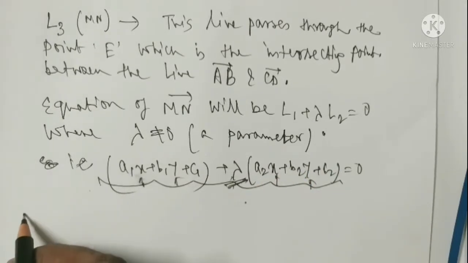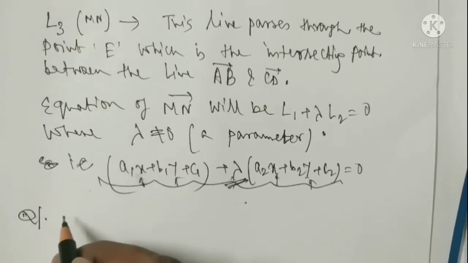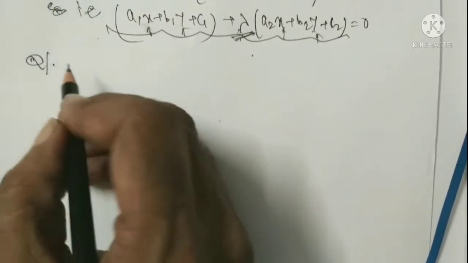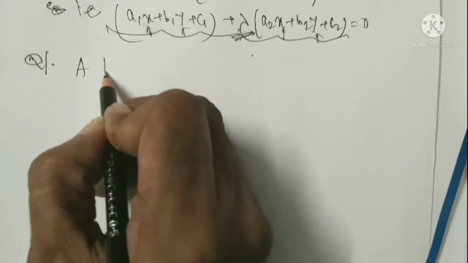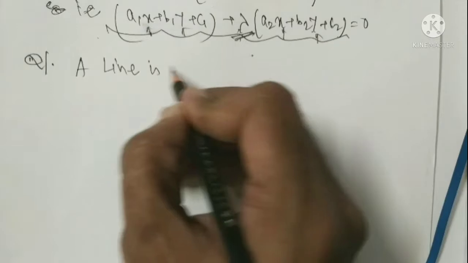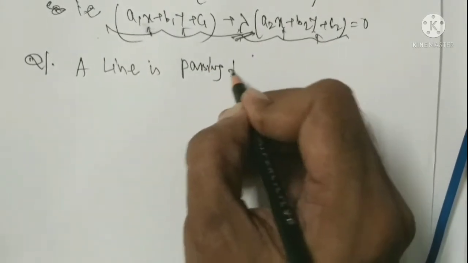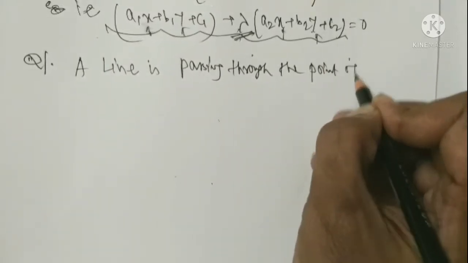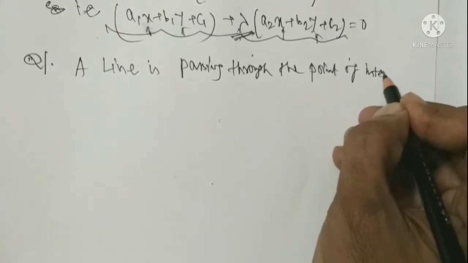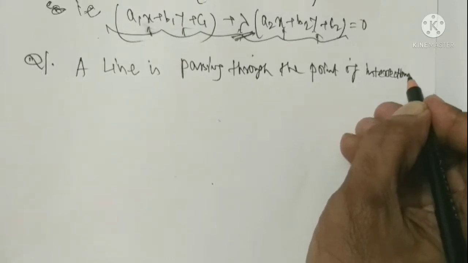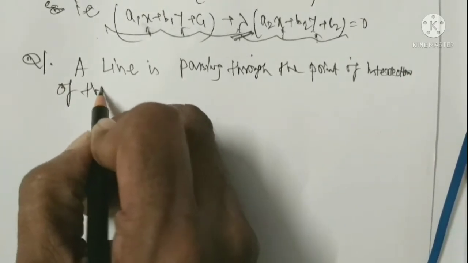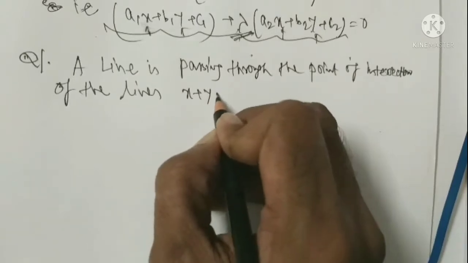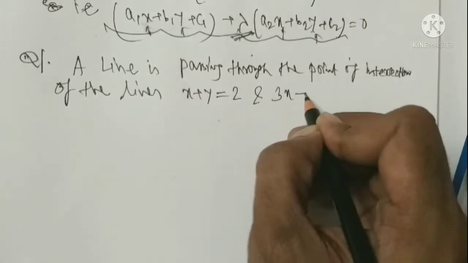Now we do a problem on this. Just look, students, the problem is: a line is passing through the point of intersection of the lines x plus y equal to 2 and 3x minus y equal to 2.